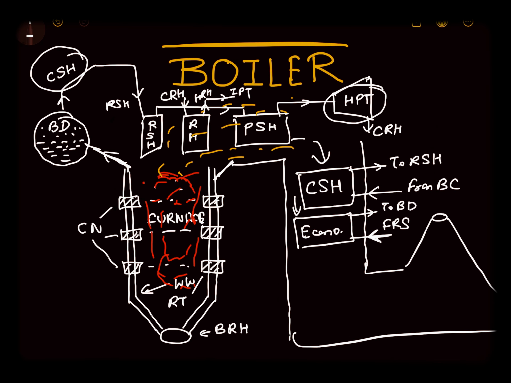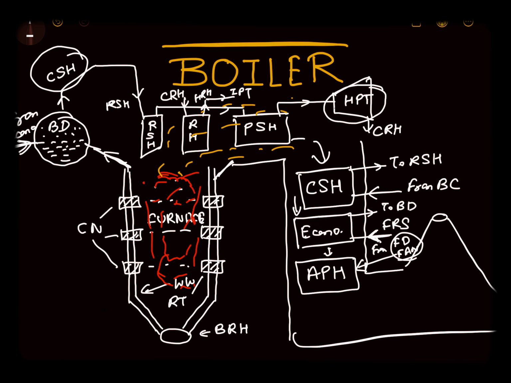How? We can see here that in this boiler drum there is one more path which is coming from the economizer. Fine. Now after the economizer, the flue gases again go to the air preheater, and the air coming into the air preheater is coming from the FD, forced draught fan.